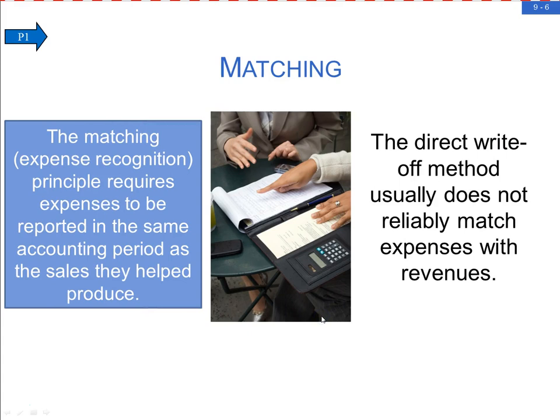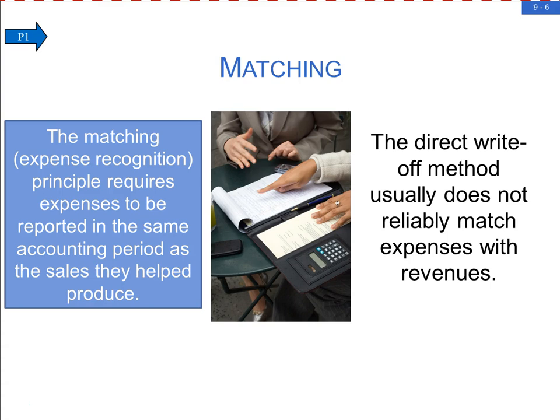The reason that we won't use the direct write-off method is because it usually doesn't match expenses with revenues, which is specifically required by the matching principle, or the expense recognition principle, which we learned way back in chapter 1 and we've gone over and over.